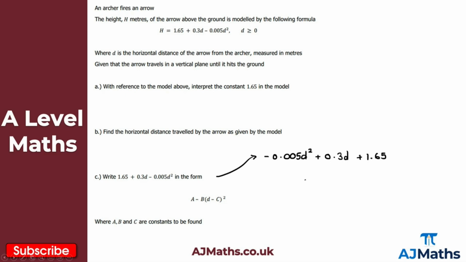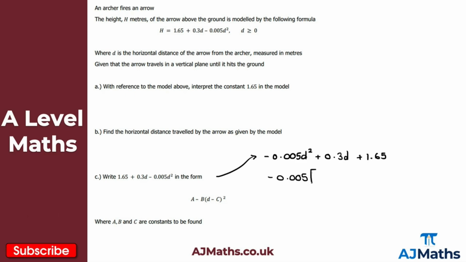Now, remember, when we're completing the square, we need the coefficient of our quadratic term, so the coefficient of d squared, to be equal to 1. Now, at this point clearly that isn't true. We've got our coefficient being minus 0.005. So what we need to do to start with is factor out this coefficient. We factor this minus 0.005 out, like so.